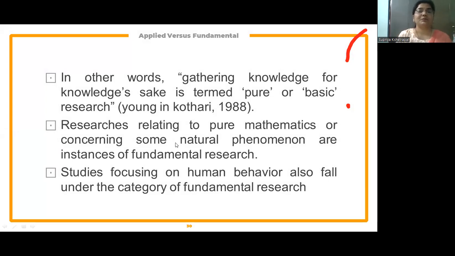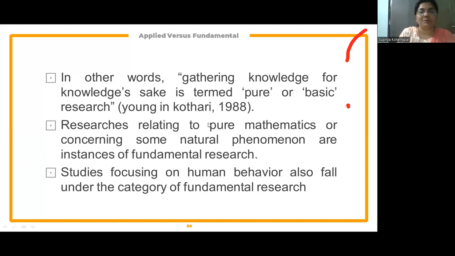So that means we can say here, as said by Young in Kothari, in 1980, gathering knowledge for the knowledge's sake is termed as pure or basic research, and the researchers relating to pursue mathematics or concerning some natural phenomena are instances of the fundamental research.